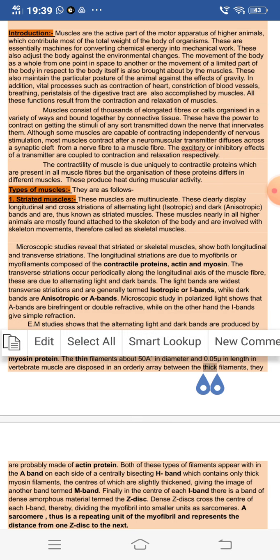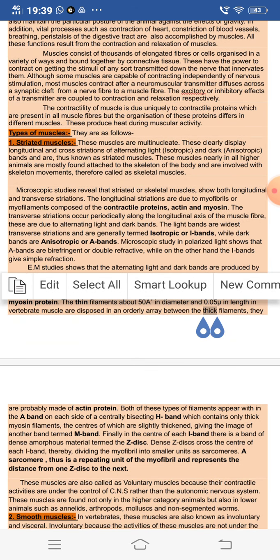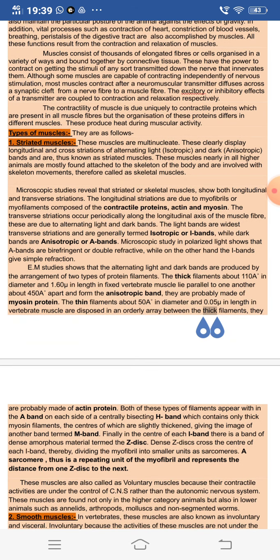Microscopic studies reveal that the striated or skeletal muscles show both longitudinal and transverse striations. So, if we study the electron microscopic structure of the striated or skeletal muscles, you will observe that they are made up of both longitudinal as well as transverse striations.